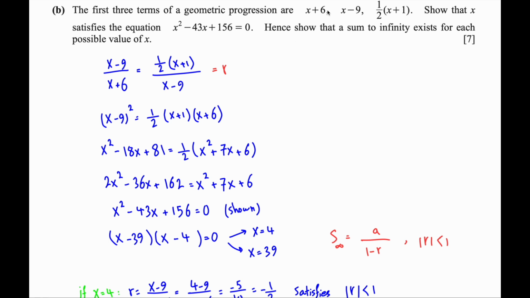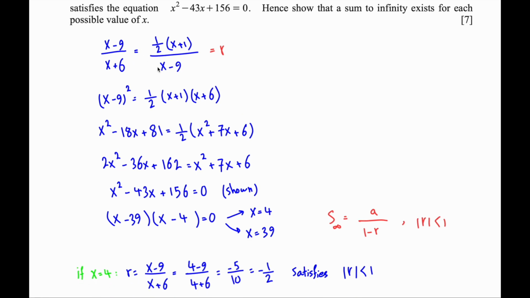Now, if these 3 terms are the first 3 terms of a geometric progression, if I divide the middle term by the first term, that's going to give me r, which is the common ratio. If I divide the third term by the middle term, that's going to give me also the common ratio. And that's where I'm going to start.